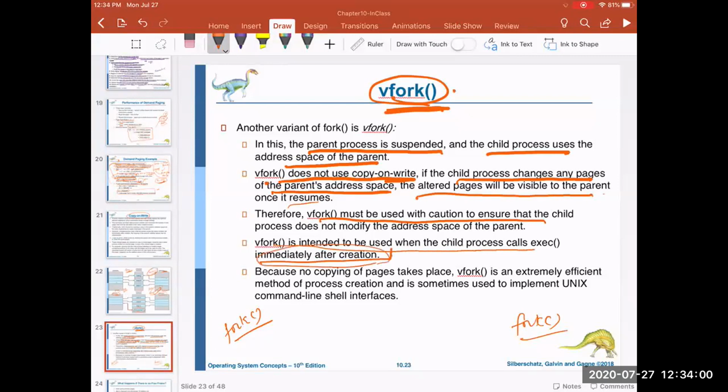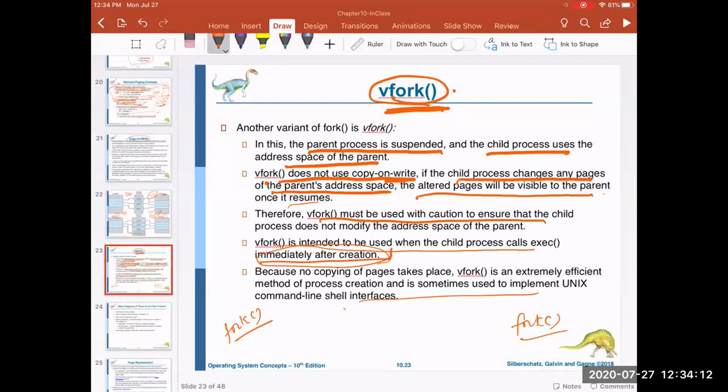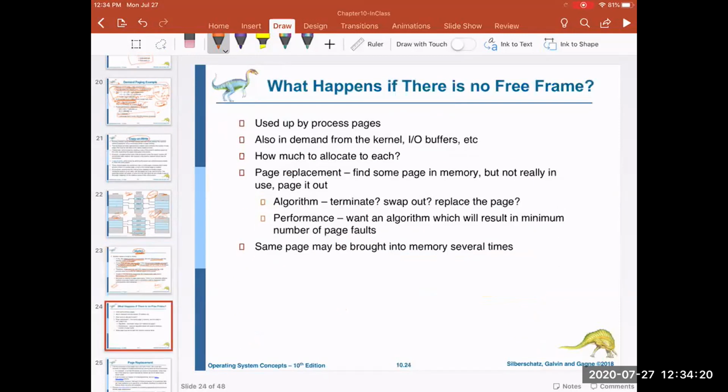Whatever the child is doing would be visible and done in the same address space. So that is where it is used. vfork is used where we want it to not create a copy rather than create its own. And this is the difference between them.